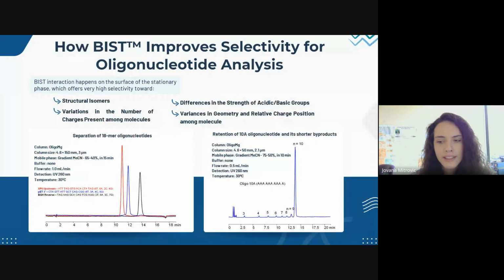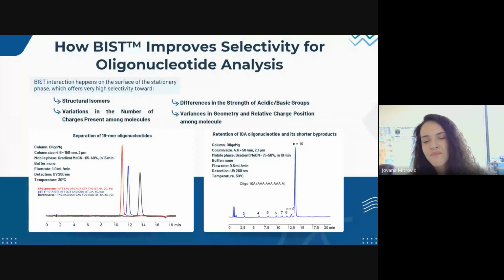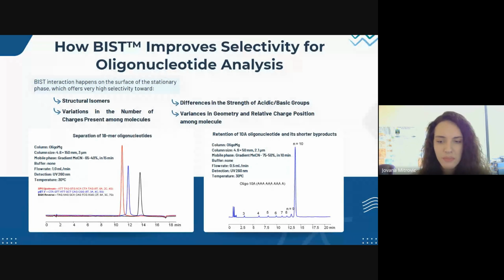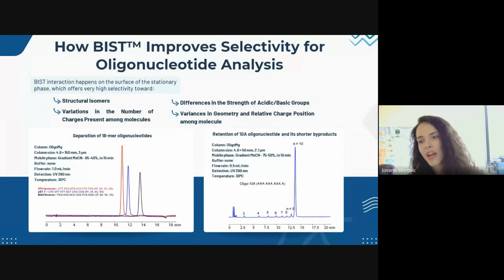So together, these examples highlight how BIST technology enables fine-tuned separation based on both structure and composition, using simple organic gradients. And this level of selectivity is especially useful for applications like synthesis monitoring, purity checks, and impurity profiling of oligonucleotides.